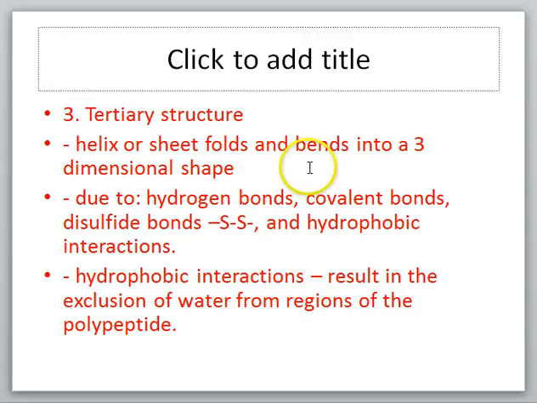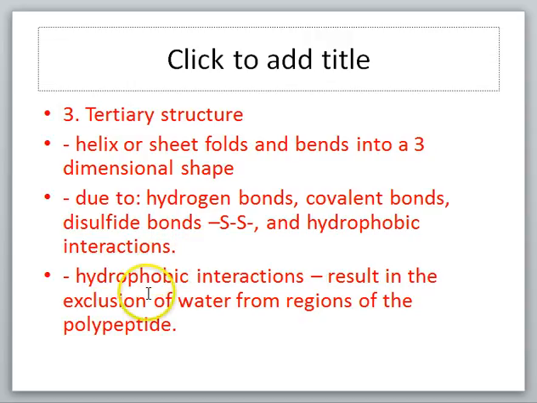Okay, the third level of structure is called the tertiary structure. And this is where the helix or the sheet folds and bends into some three-dimensional shape. Now, within this three-dimensional shape, we're going to have all sorts of bonds. We're going to have hydrogen bonds, covalent bonds, disulfide bonds, and also hydrophobic interactions.